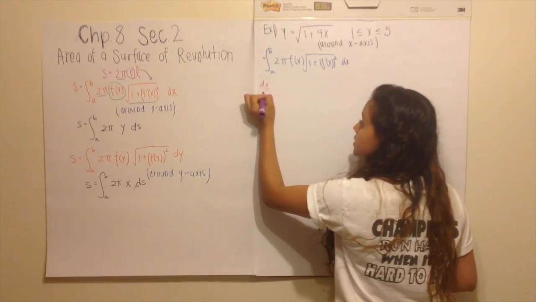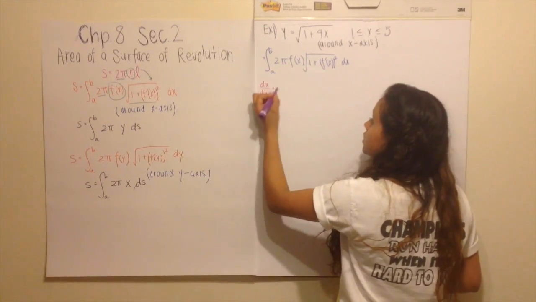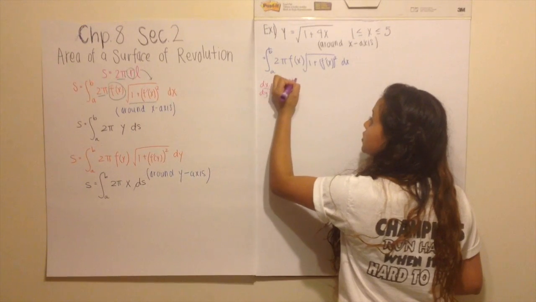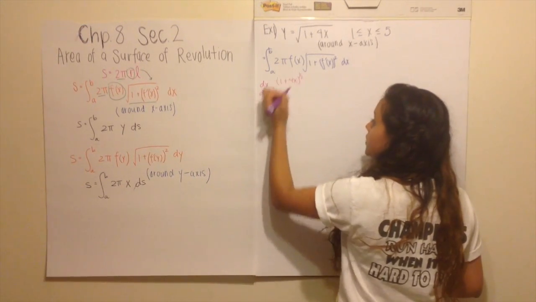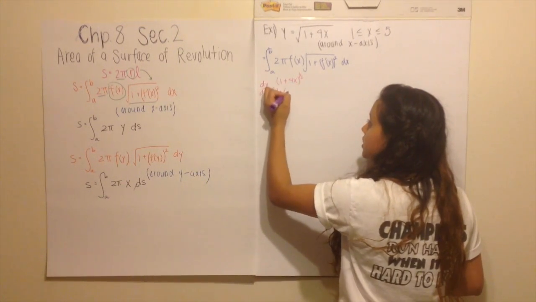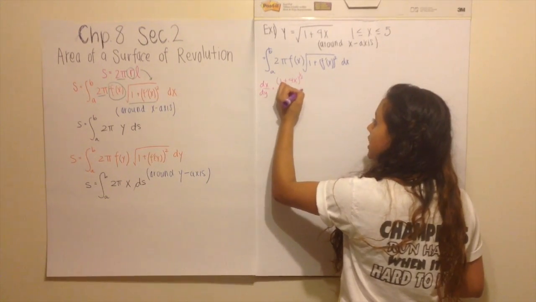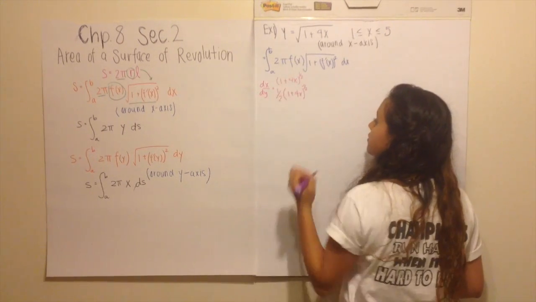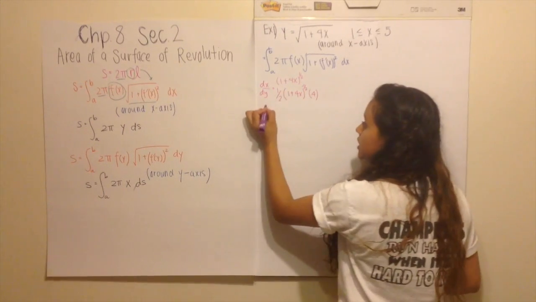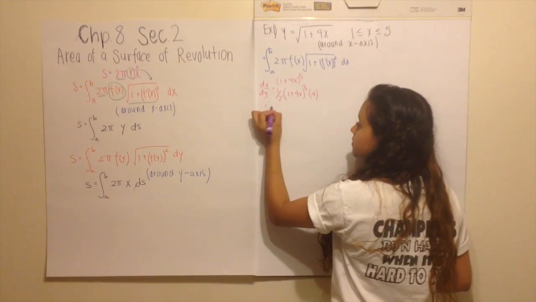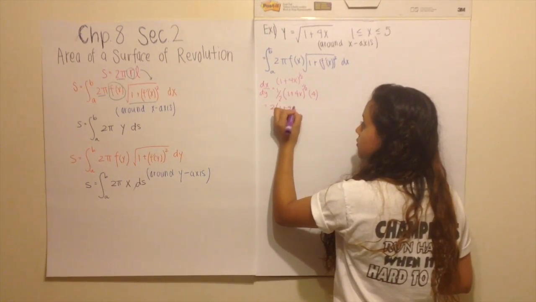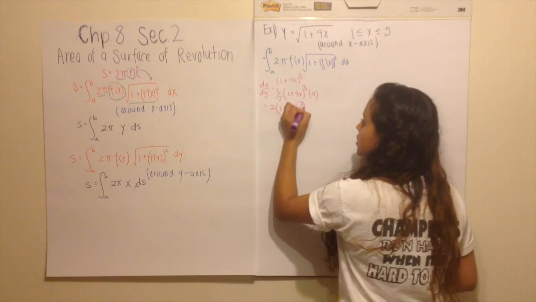So dy over dx, if we put it into exponential form, it would be easier to take the derivative, so it would be 1/2 (1 plus 4x) to the negative 1/2 power times 4 for the derivative of the inside. So we would end up getting 2 times (1 plus 4x) to the negative 1/2.